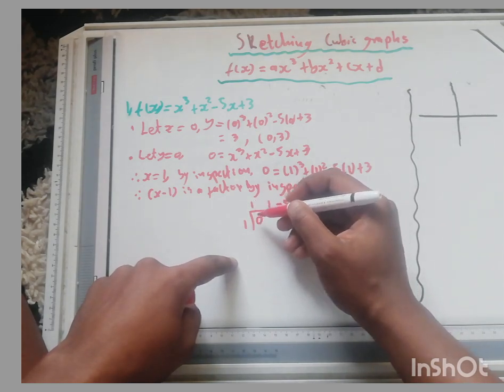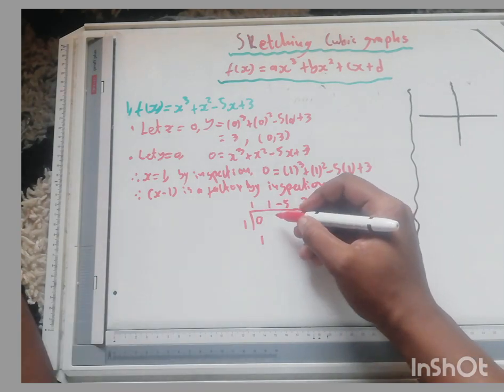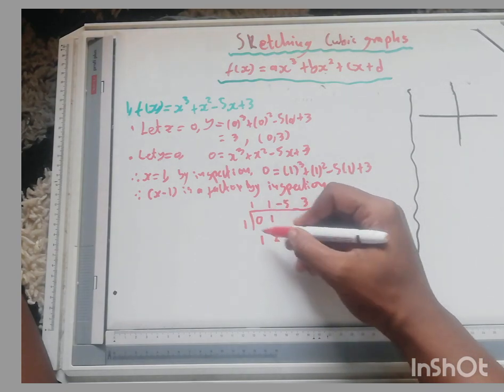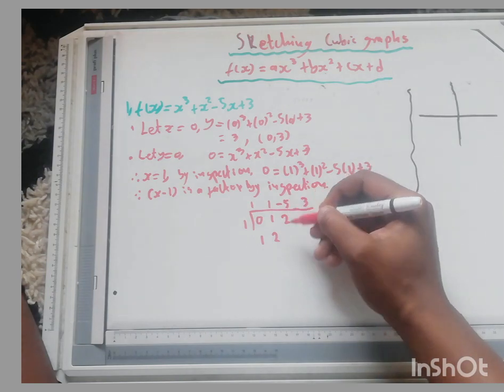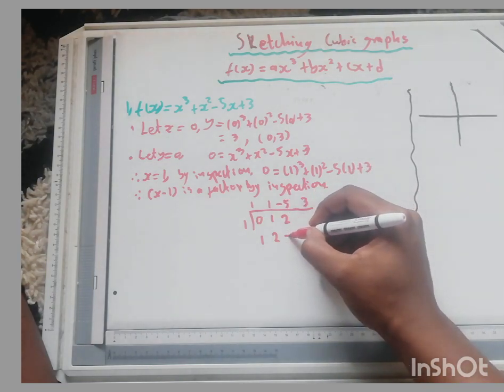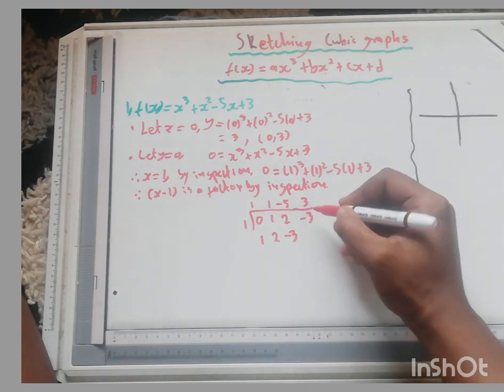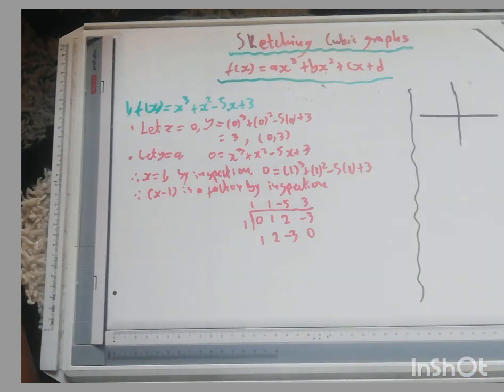So 1 plus 0 will give you what? Will give you 1. And then you come here, 1 times 1 is 1, 1 plus 1 is 2, 1 times 2 is 2, minus 5 plus 2 is what? Is minus 3. And then 1 times minus 3 is minus 3, and then the last one, as I said in the previous videos, you always have to get 0. So what does this mean?